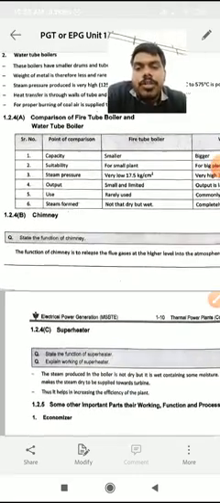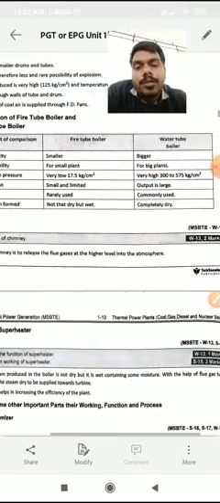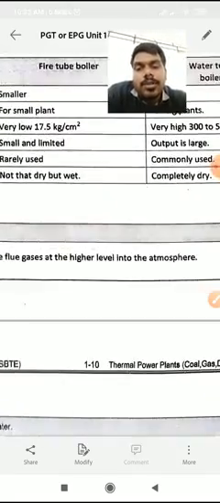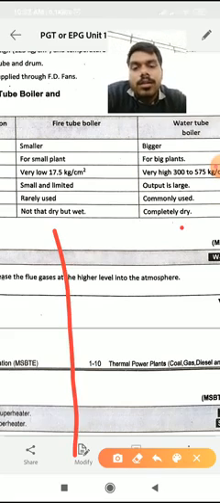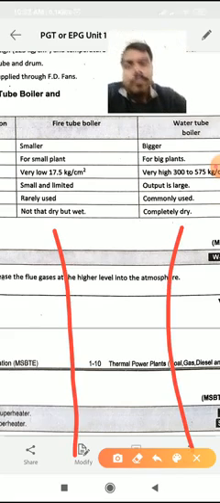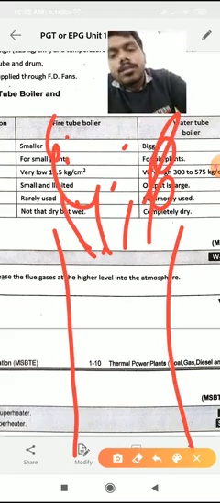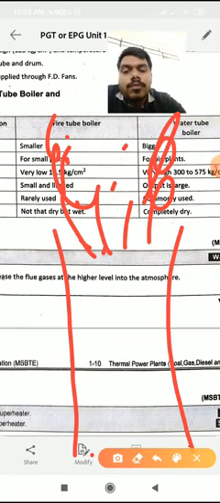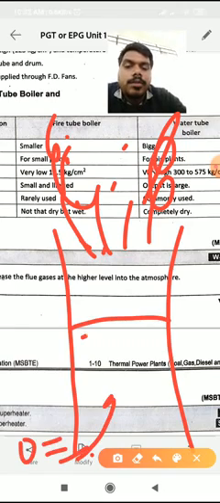Next one is the chimney, right? The chimney is to release the flue gases at a higher level into the atmosphere. So no need to explain. You must have seen that there are large chimneys which release the gases. With the help of a fan, the flue gases are pushed inside, and there will be some cooling arrangement.